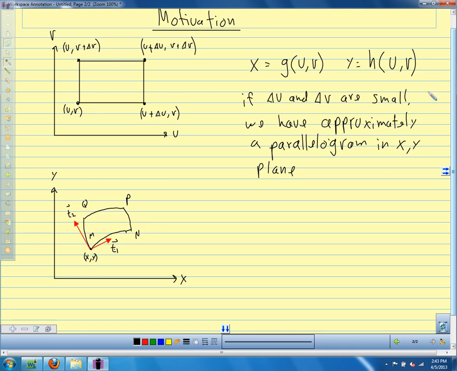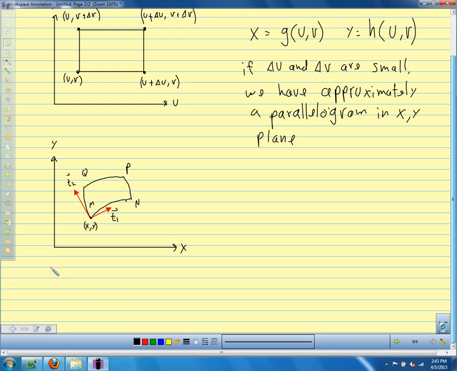So vertex M is at the point x and y. And I'm going to write that in terms of its dependence here, g of u comma v and h of u comma v. Point N, we're moving a little bit in this direction, a little bit in the x direction, a little bit in the y direction.